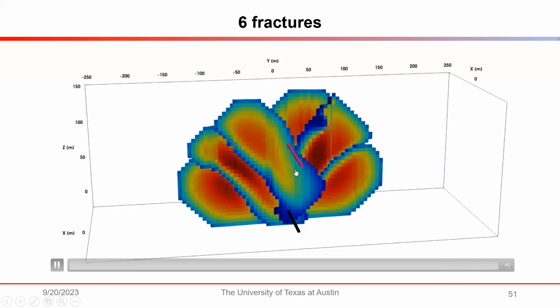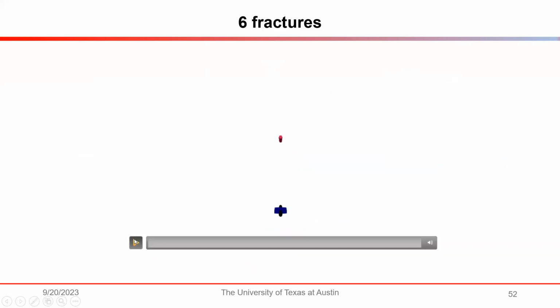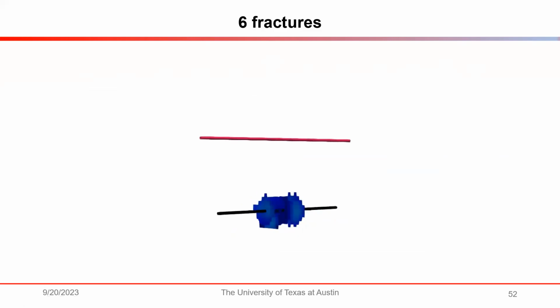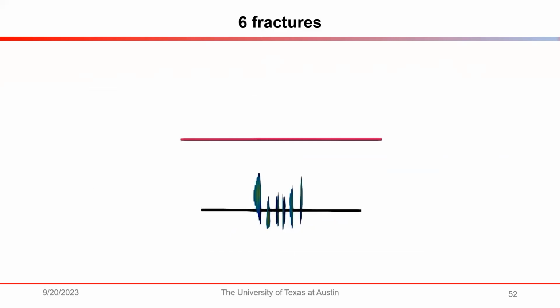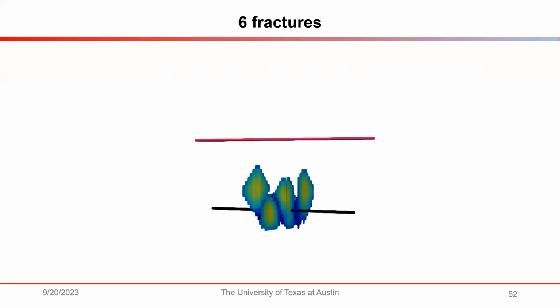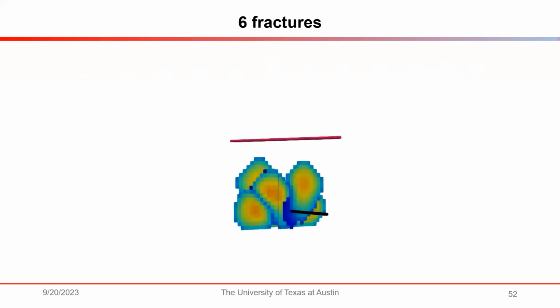But 2 fractures certainly intersect this. The third one comes close, but not quite there. And so this is something that would be interesting to pump. There's some debate whether we should be pumping 6 clusters in a stage or not, because the connectivity is going to be affected by this.